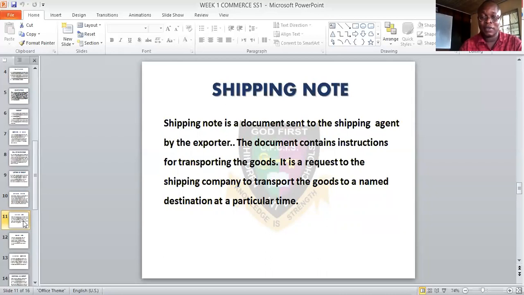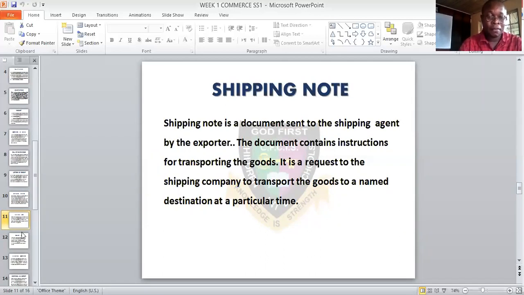It is a document which contains instructions for moving goods from one place to another. It is a request to the shipping company to transport the goods to a named destination, so that they move these goods to a particular destination.